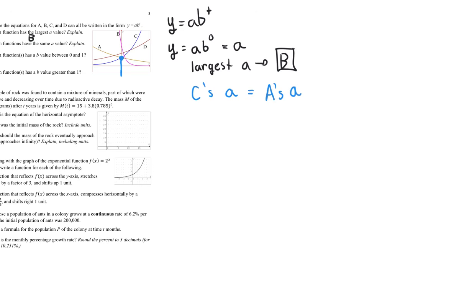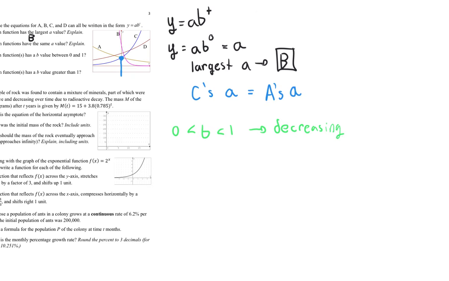So now for our next one, we have when is b between 0 and 1. So if b is between 0 and 1, that means that it's decreasing, which means the slope goes down.